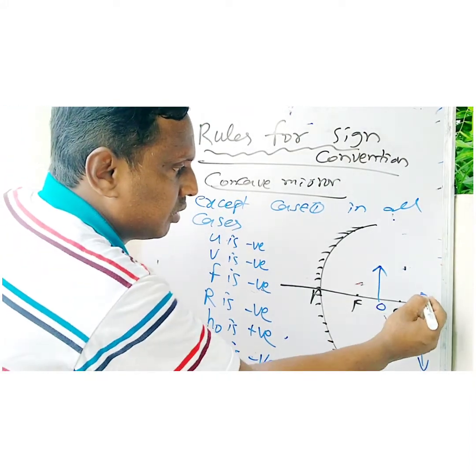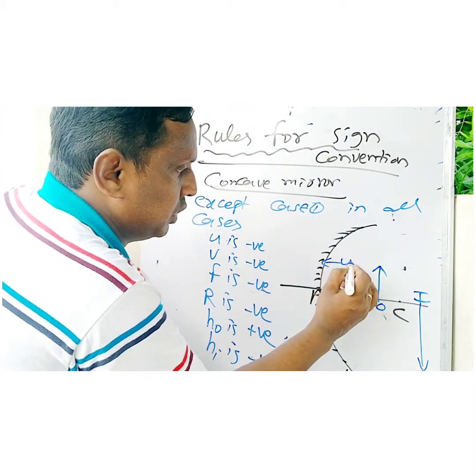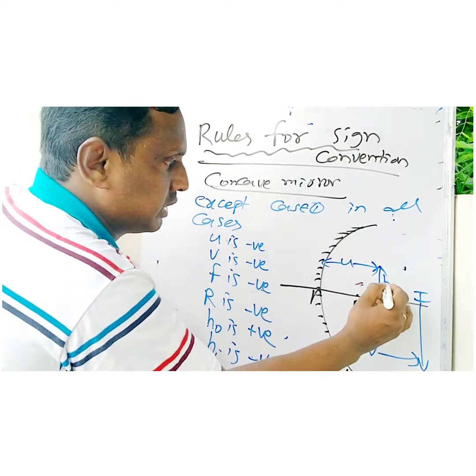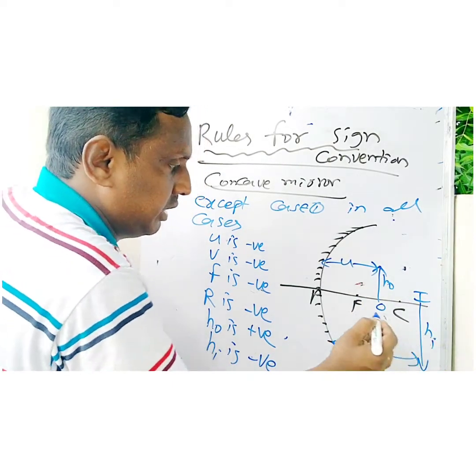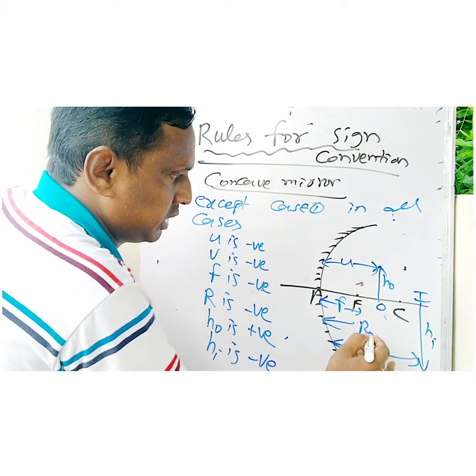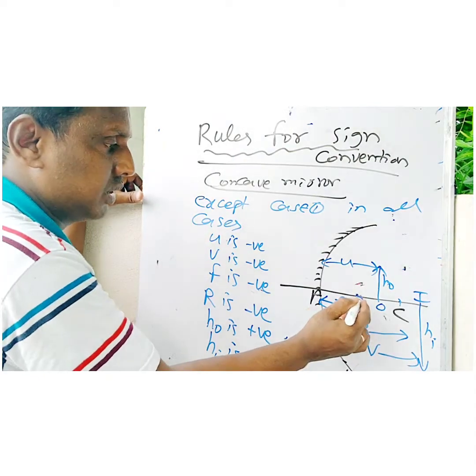This is O, the object, and I, the image. This is U, this is V, this is HO, this is HI, this is small f, and this is R up to C. This is up to the focus here.